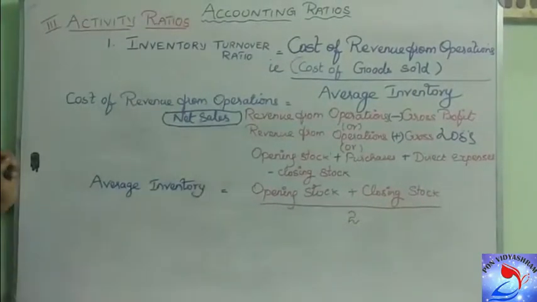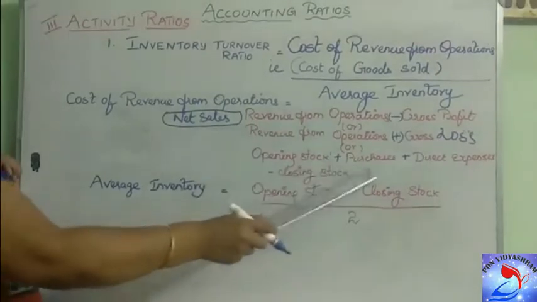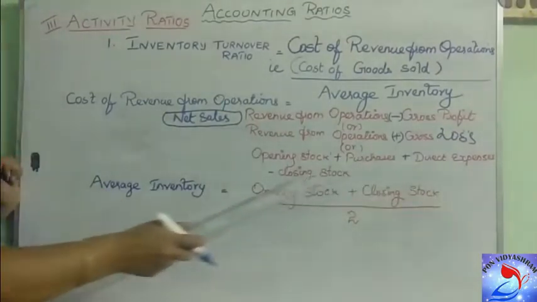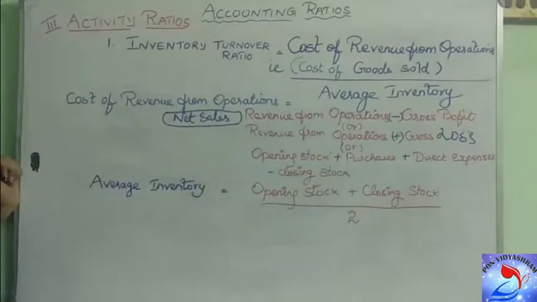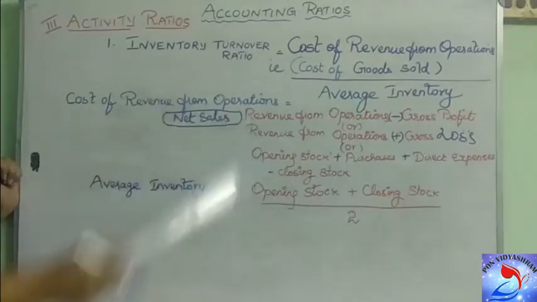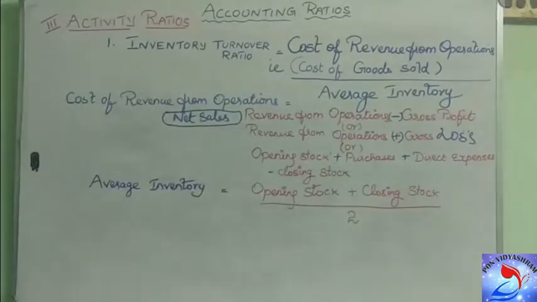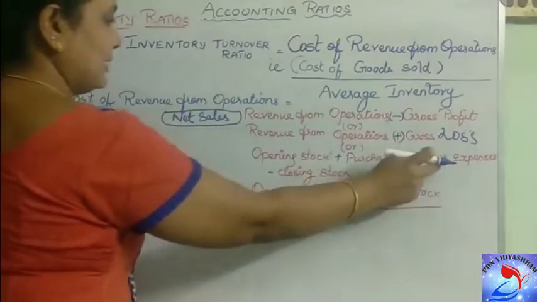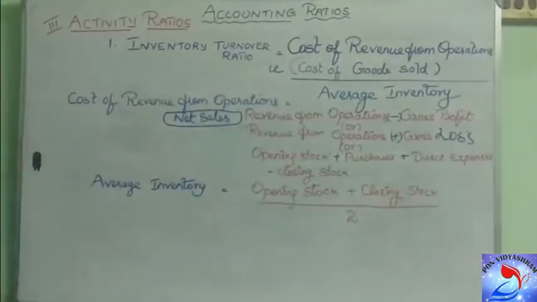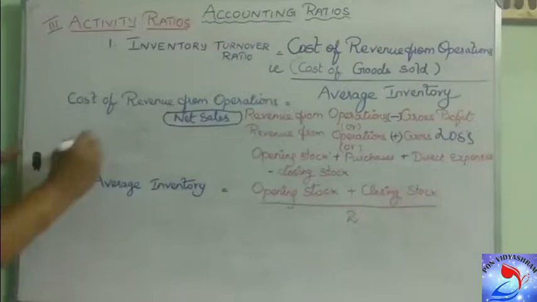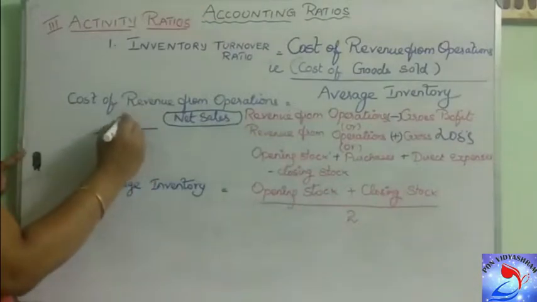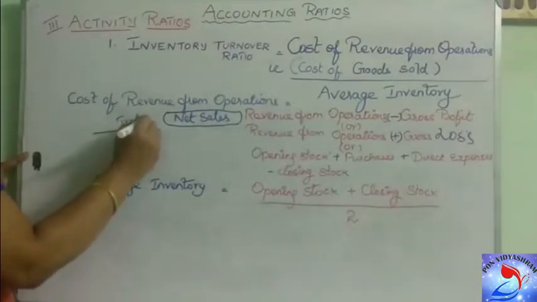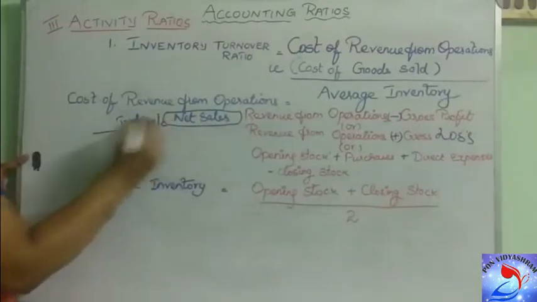Or you can find the cost of revenue from operation by opening stock plus purchases plus direct expenses minus closing stock. This formula is actually your trading account. Do you remember the format of trading account, children, which you did in class 11 in your final accounts?